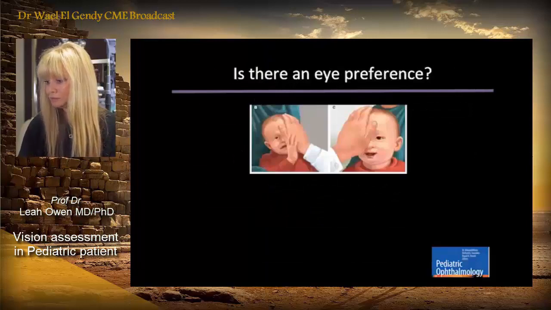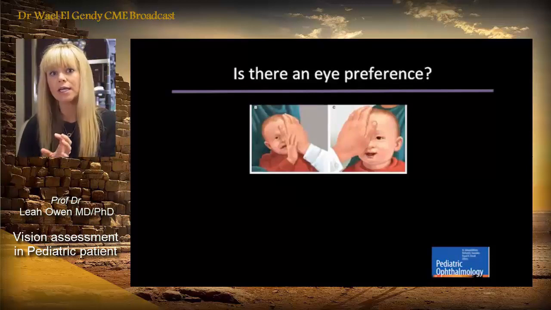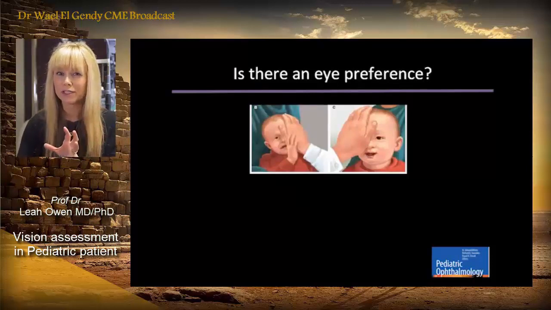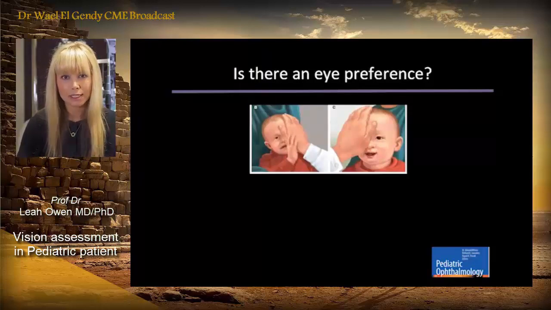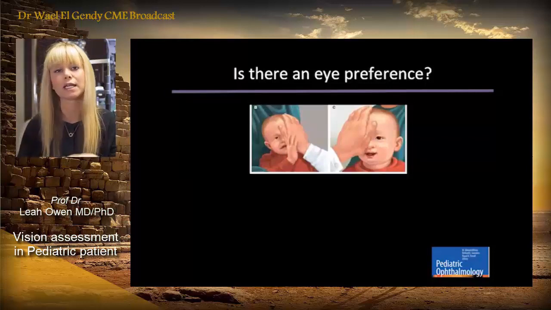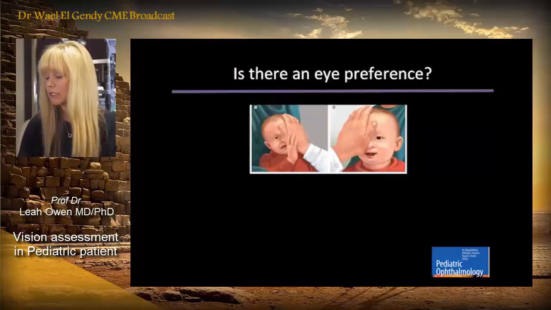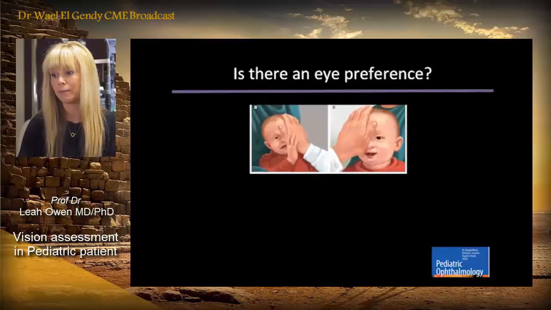So thinking about this more, another way we can sort this out, because every child's different, so sometimes in one child you can more easily test in one way, and then in another child you might use a slightly different technique to get the information you need. So this is a little bit different technique that you can use to decide if there's a preferred eye.